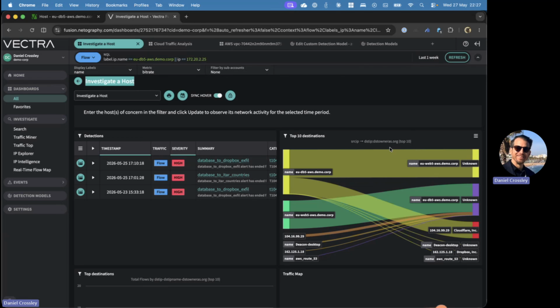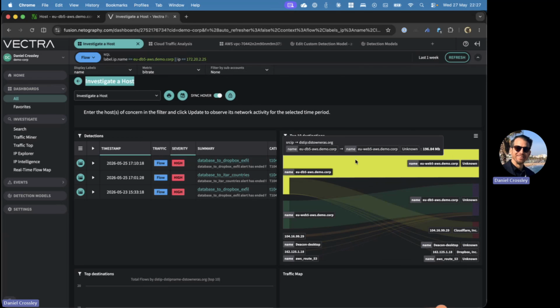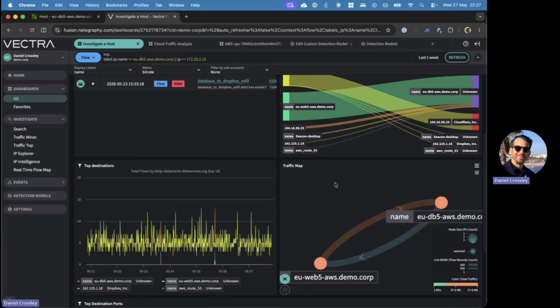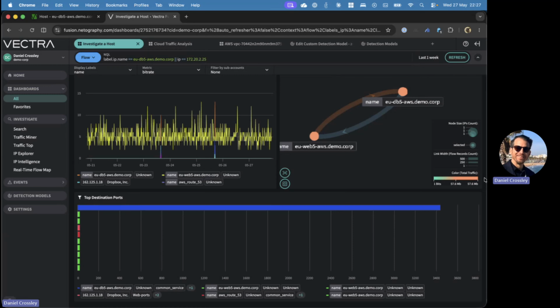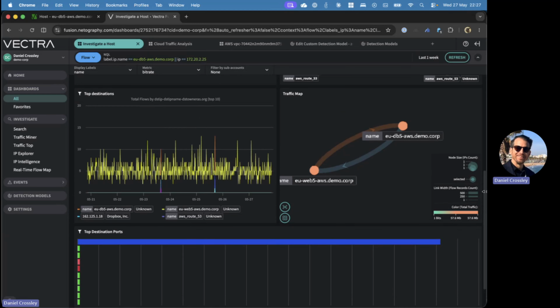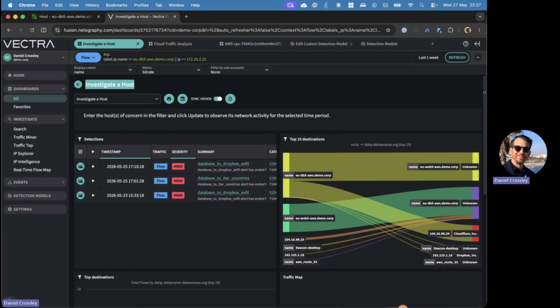So things like destinations from our potentially compromised host to other machines, destination ports, and traffic maps. These are all things that Fusion gives us to help us understand the flows of traffic surrounding the host at the time of the compromise.